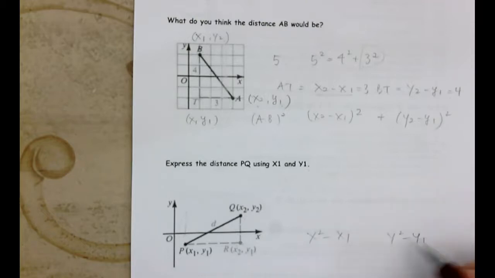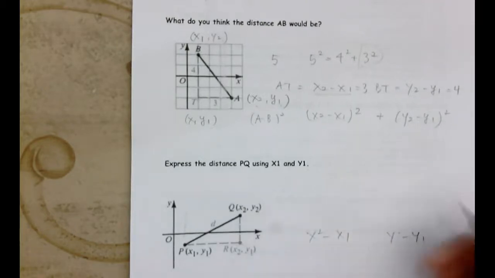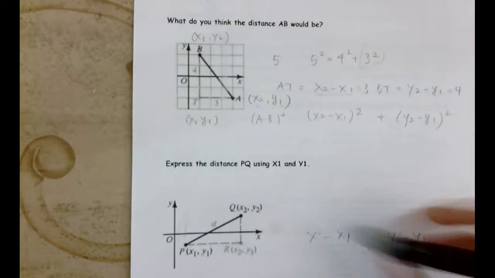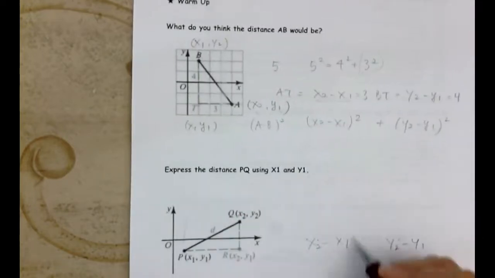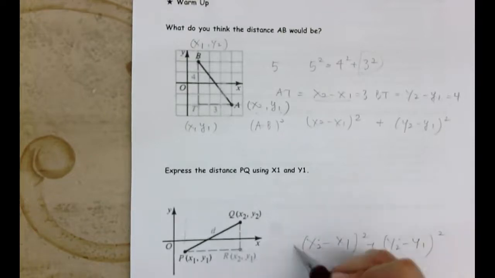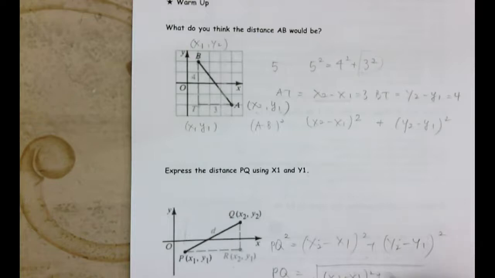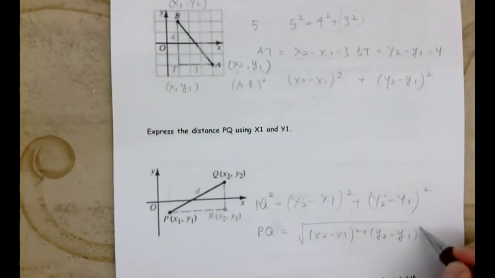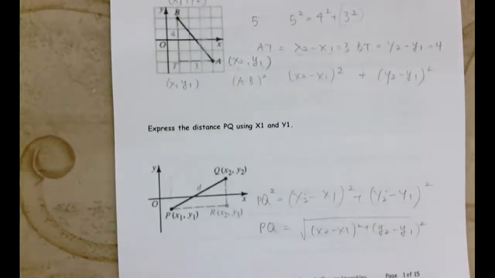And I'm sorry, not square, this is 2, and this is 2. And then if you square this and square this, it should equal PQ squared. So PQ has to be the square root of x2 minus x1 squared plus y2 minus y1 squared. And that's the distance formula.